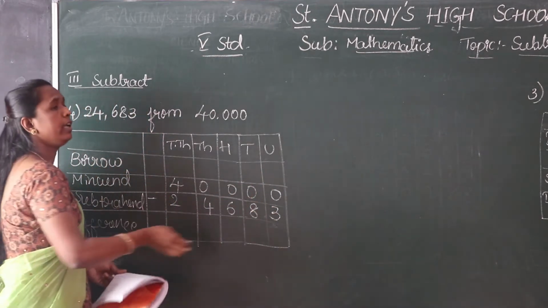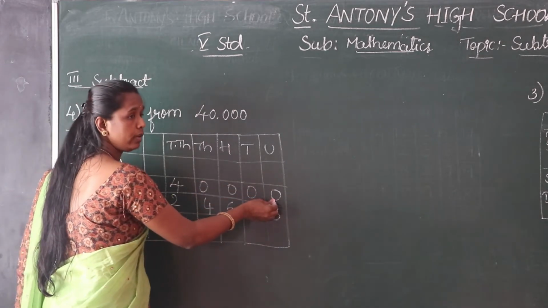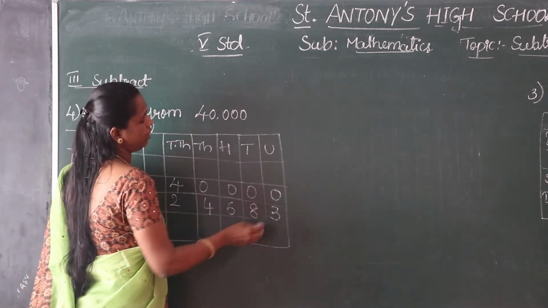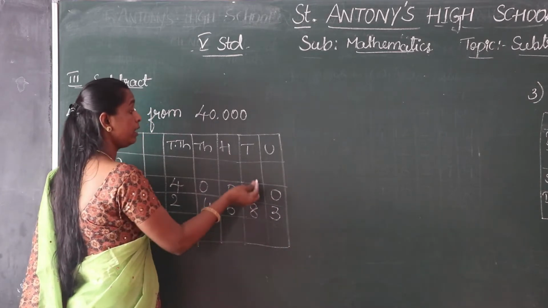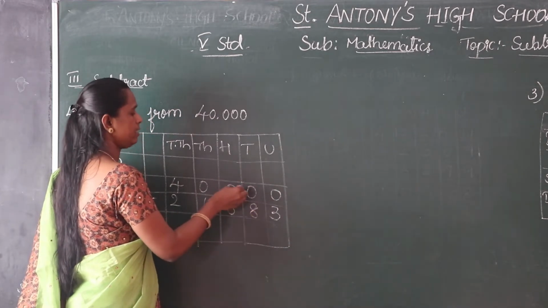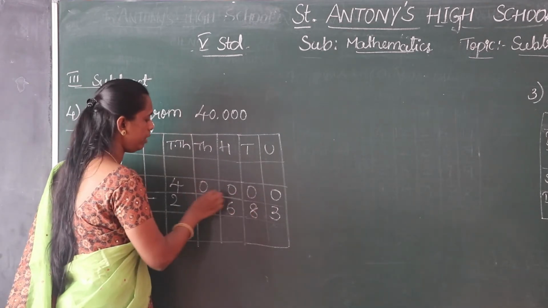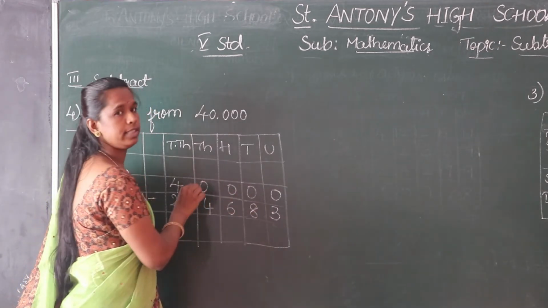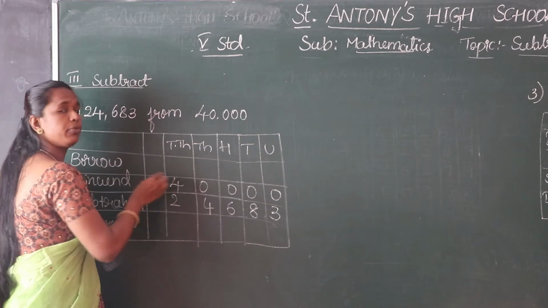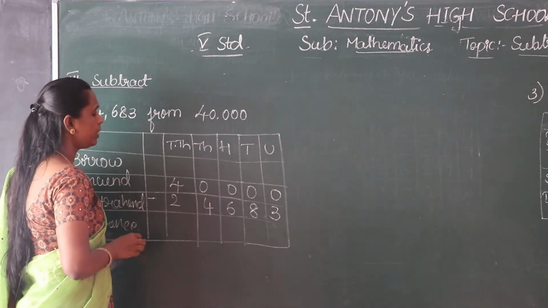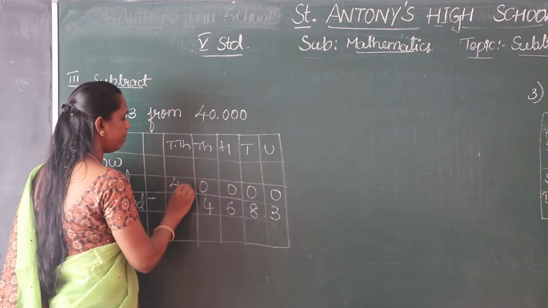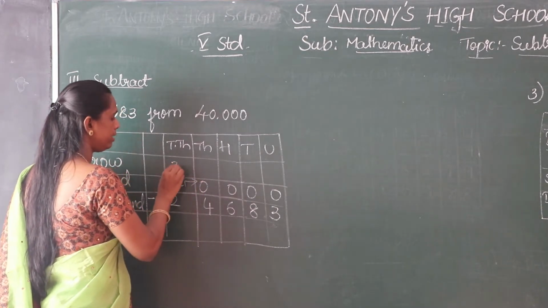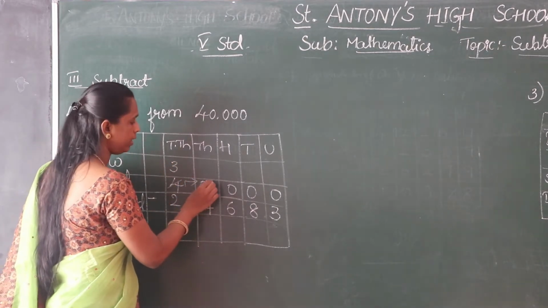See children, in the unit place, 0 is there. 0 minus 3 is not possible. Take a borrow from the nearest place. Here the nearest places, tens, hundreds, thousands, also have 0. We take a borrow from the 10,000 place. So this number becomes 3, and this 0 becomes 10.